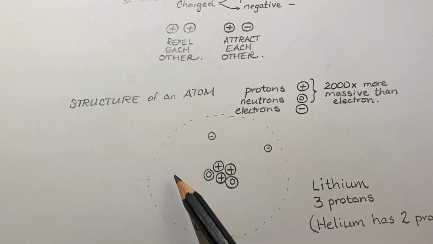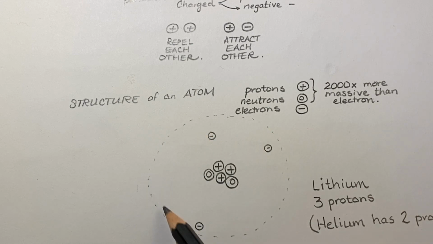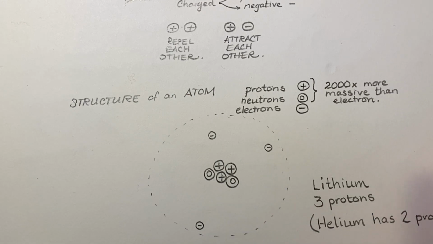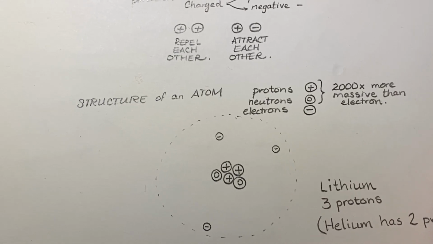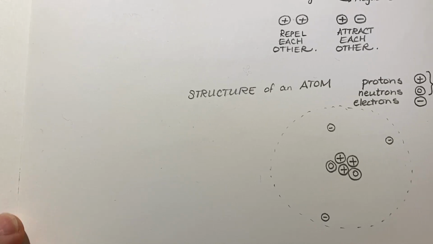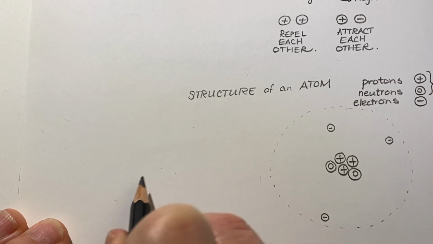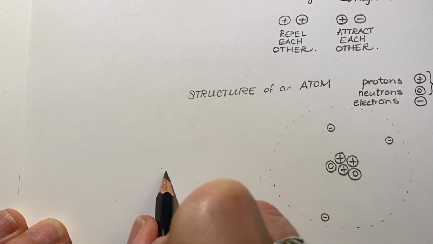Now I wanted to say something else about the relative distance and size of our nucleus and of where these electrons are. Maybe I'll move over the paper a little bit. And that is, I'm going to draw the nucleus a lot smaller. Let's see if I can do this.